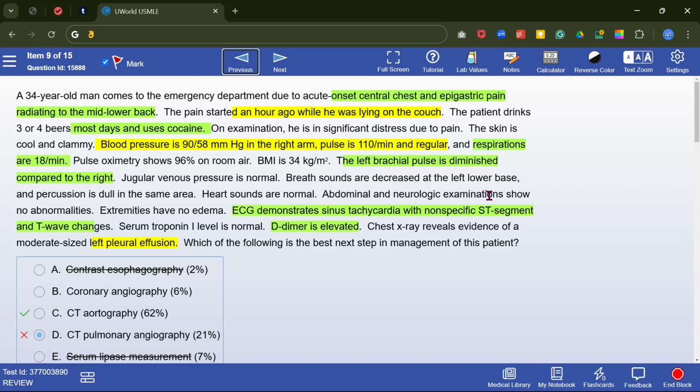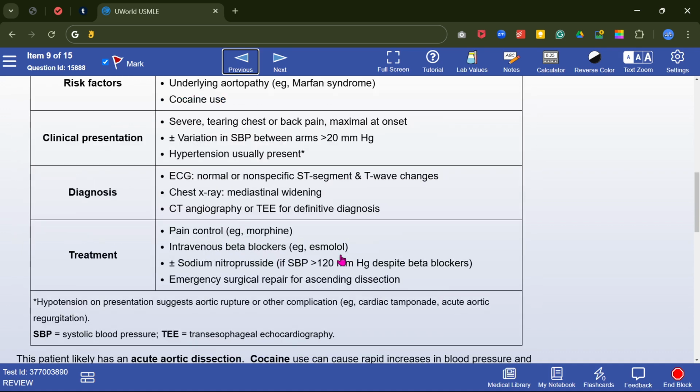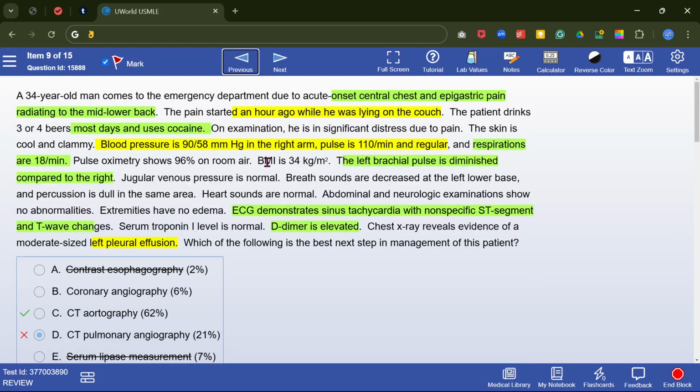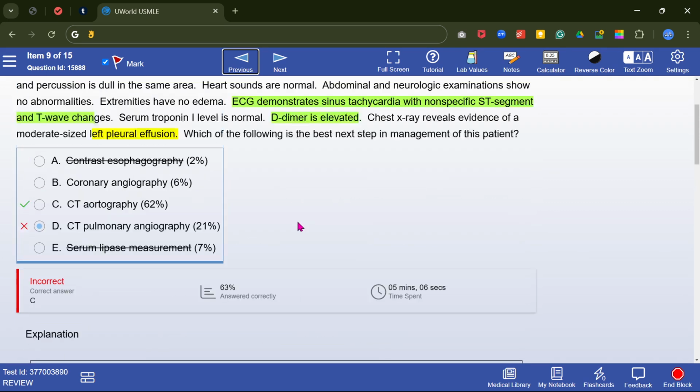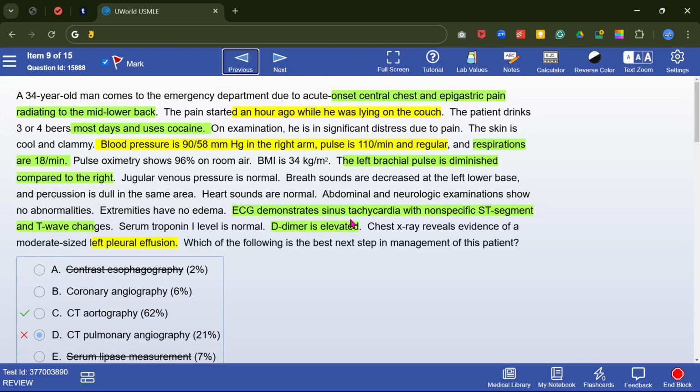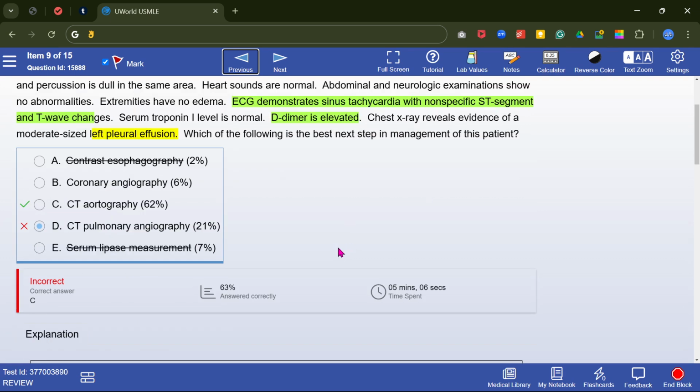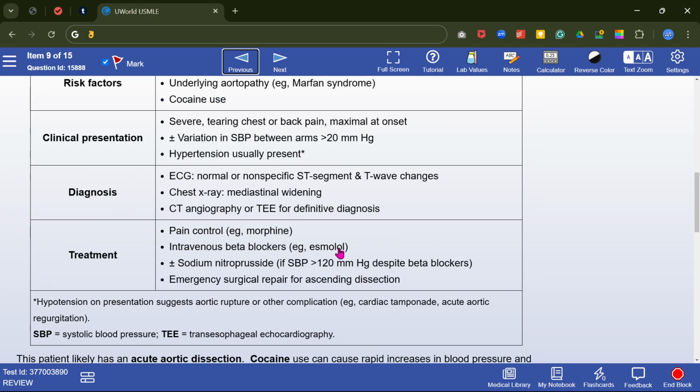Variation in the systolic blood pressure between two arms is a very high-yield finding. ECG shows tachycardia. This looks like dissection, and in dissection CT aortography should be done.